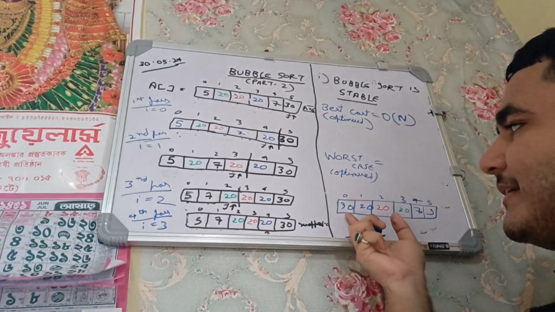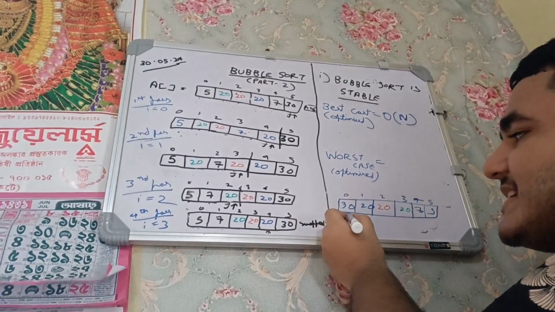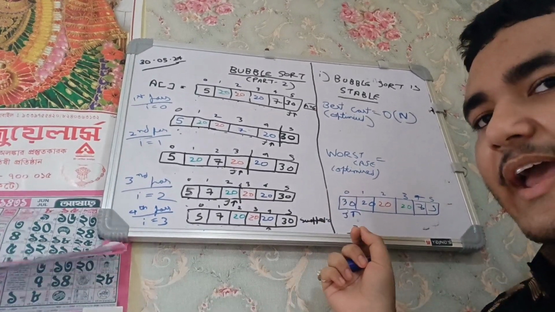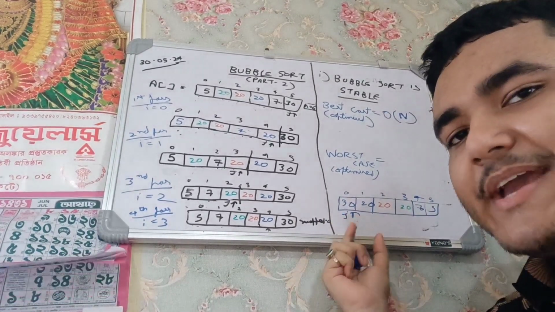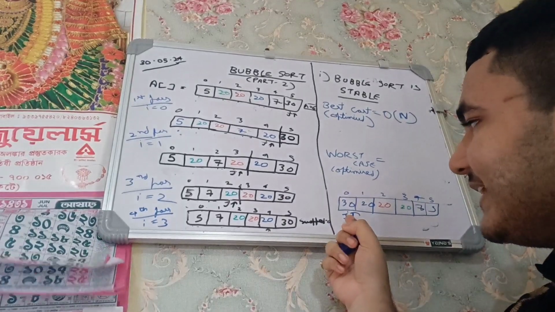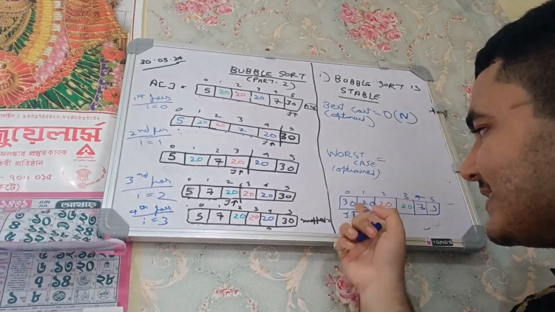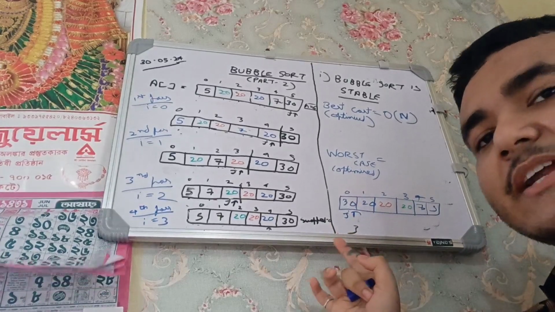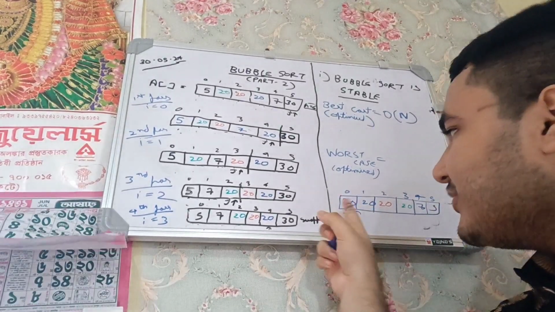Now here, if you see, the J loop moves, and every time the J loop has to make one swapping. See, is 30 greater than 20? Yes. And is 30 placed at its correct position? No. Therefore we have to swap 30 and 20.